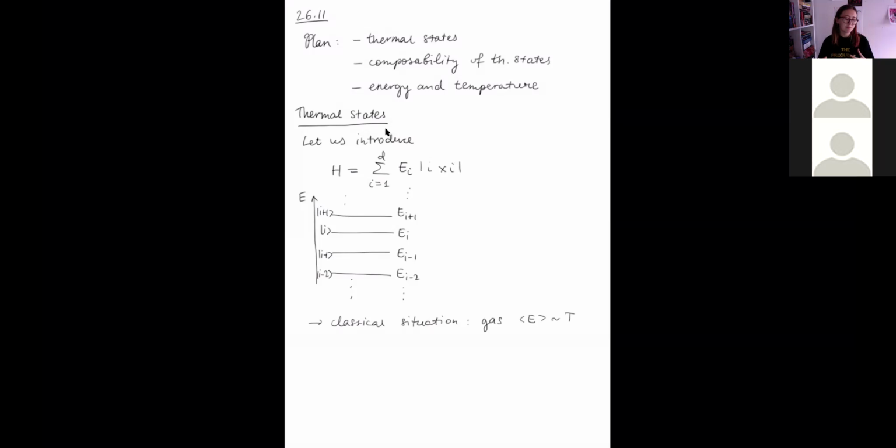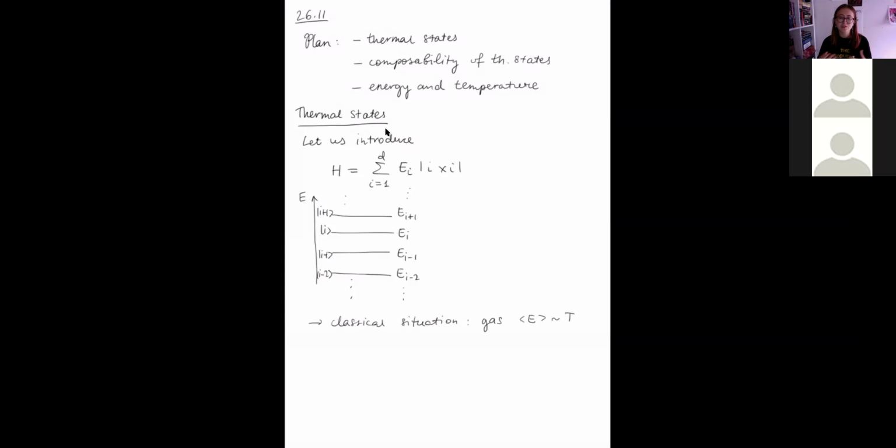Suppose we have this gas with a temperature T, and we are looking at how the particles would occupy the different energy levels we are given.